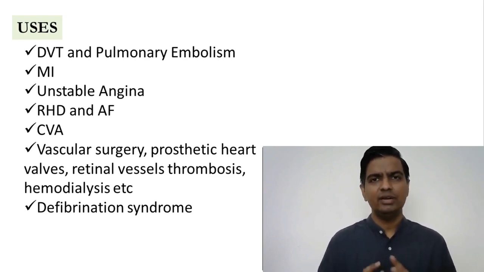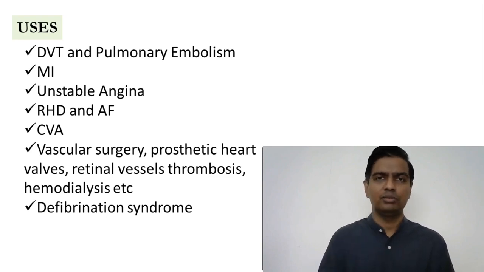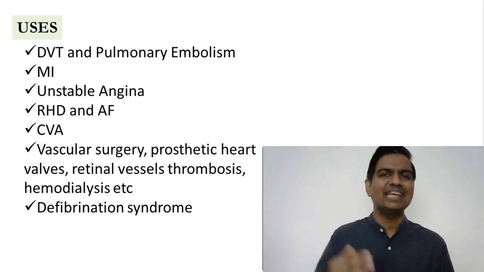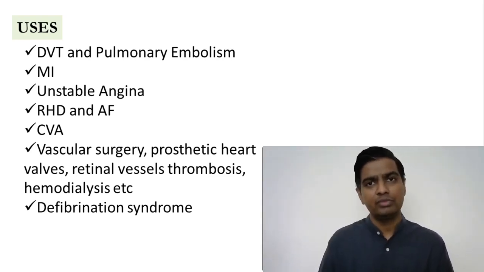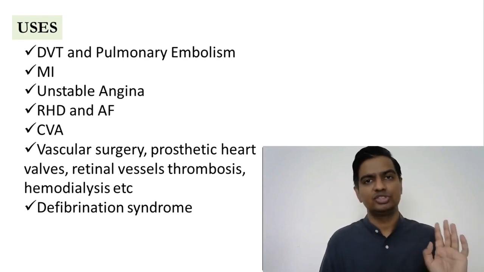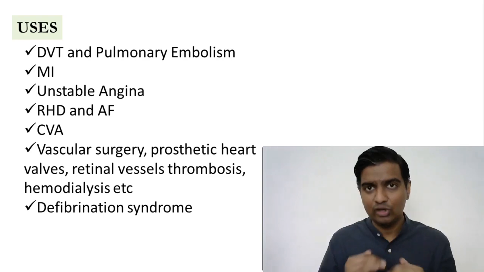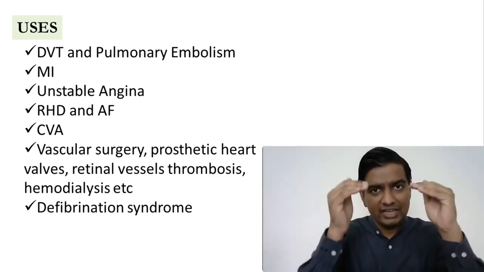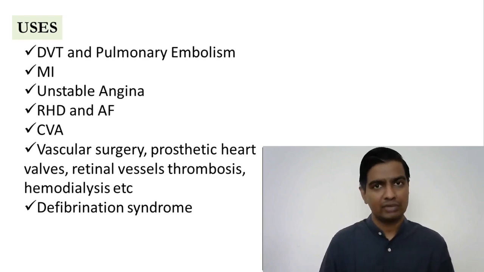In defibrination syndrome, clotting is the primary problem, excessive clotting. So there is too much clotting happening in the patient's body. When too many clots are forming, clotting factors are used up, and because clotting factors are used up, their level is falling in the blood, and because the level is falling in the blood, this patient is at a higher risk for bleeding. I hope you get it.